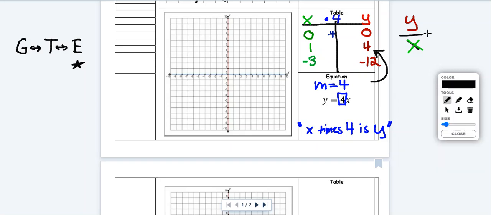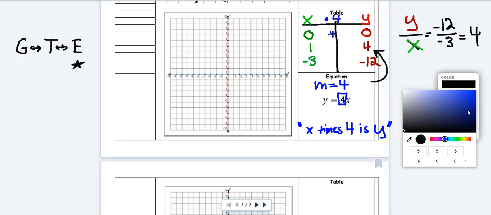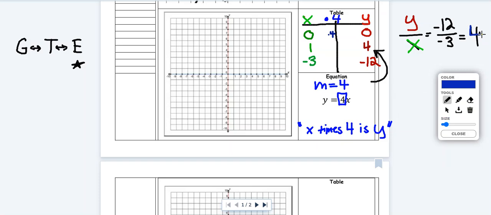So let's choose -12 for y and -3 for x. We'll take -12 divided by -3, which gives us +4, same as our slope. So that's just a way of finding the slope from our table.